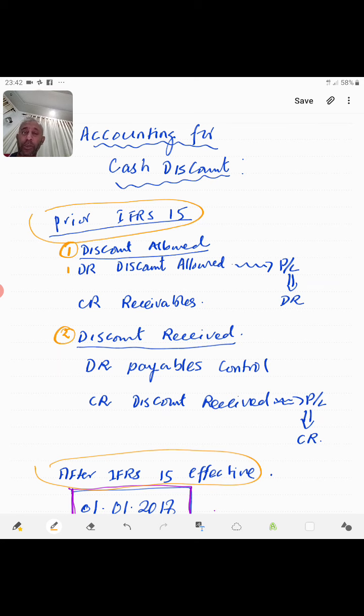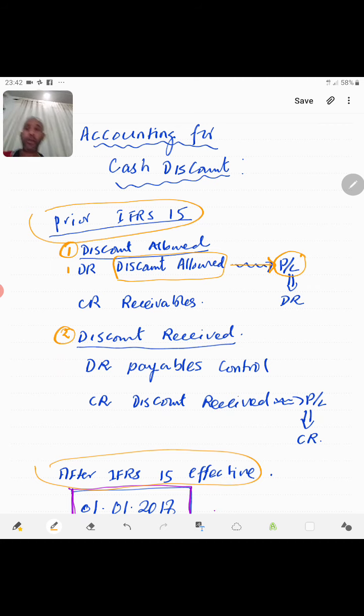You debit discount allowed and you credit the receivables, and that's the double entry. Then what you have debited as discount allowed, you will transfer to the profit and loss account or income statement, and you consider that as an expense.